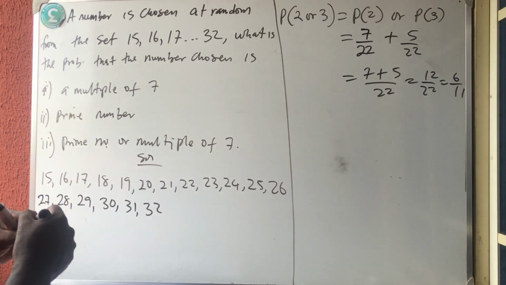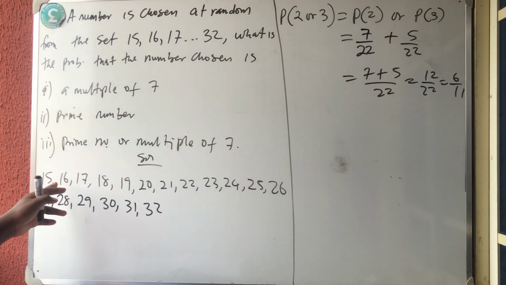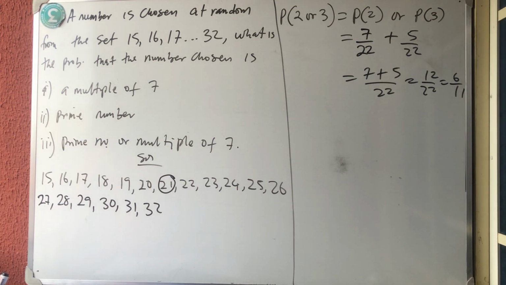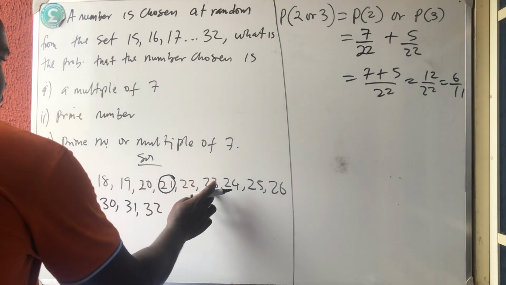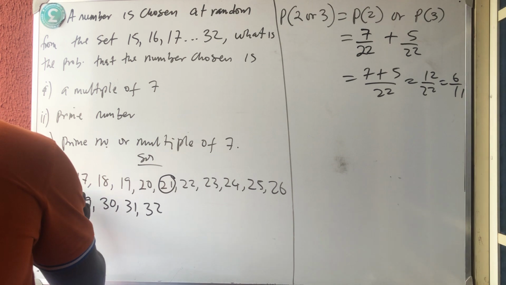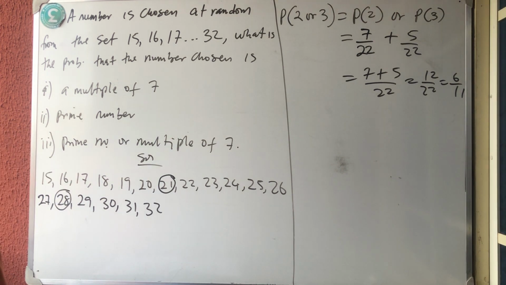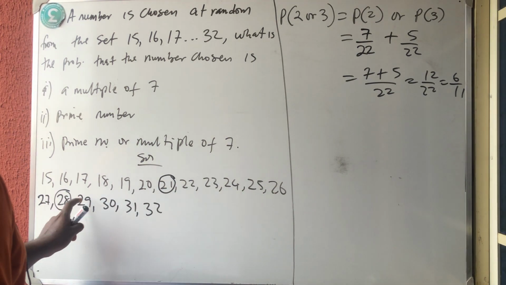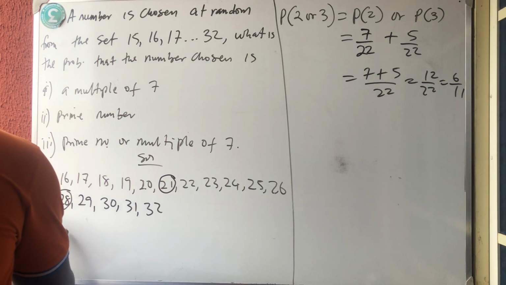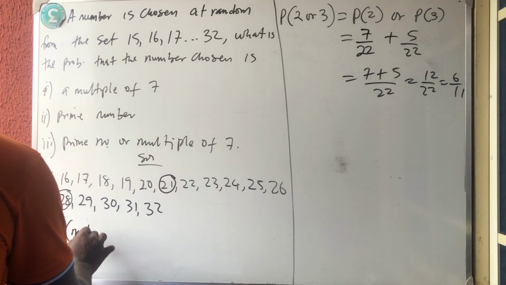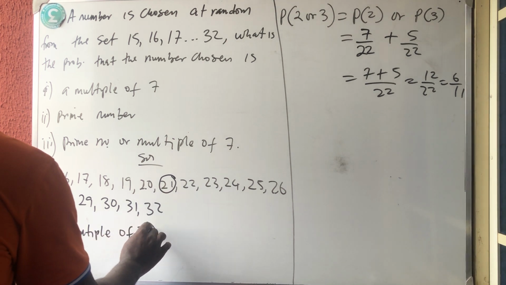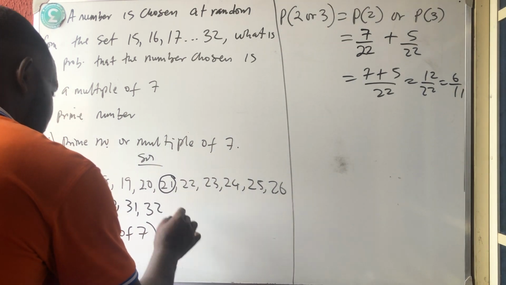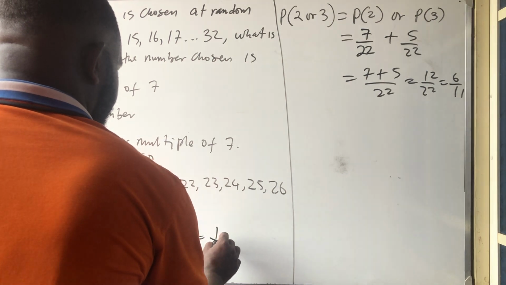Multiples of 7 are 7 times 1, 7, 7 times 2, 14, 7 times 3, 21, 7 times 4, 28. So in this set, that is just 21 and 28. And how many numbers are there? 18. So the probability of a multiple of 7 is 2 over 18, which is 1 over 9.